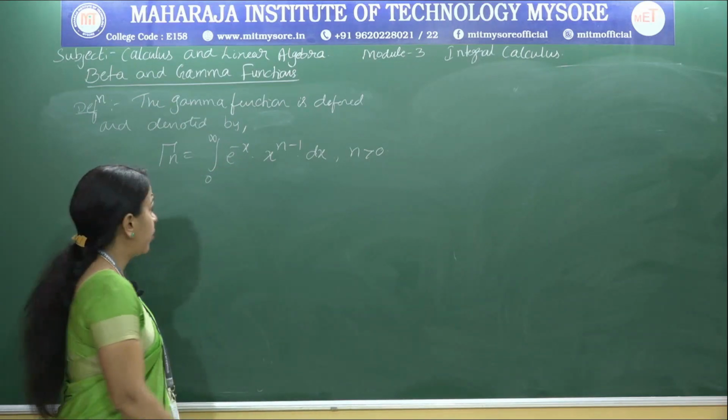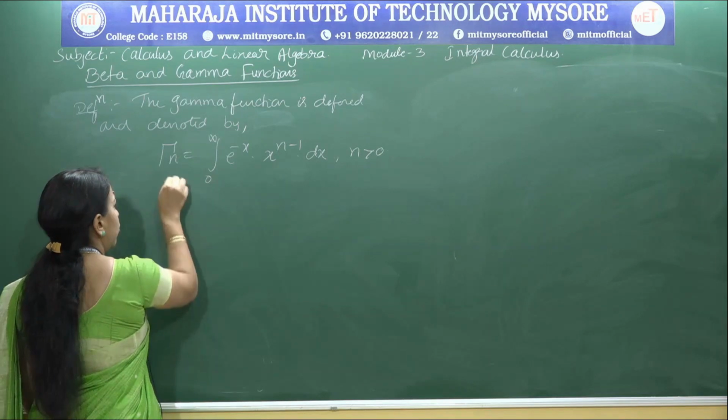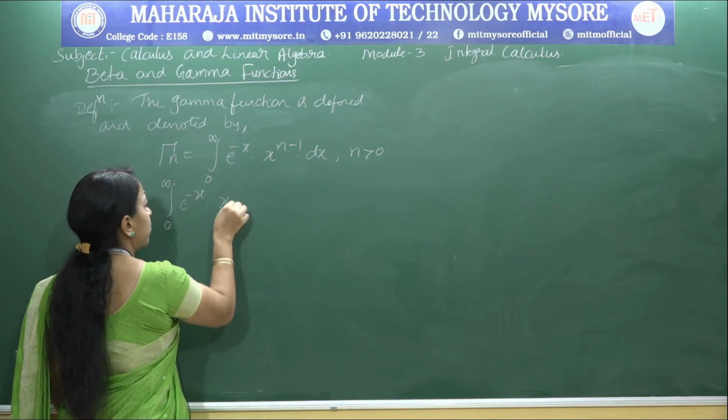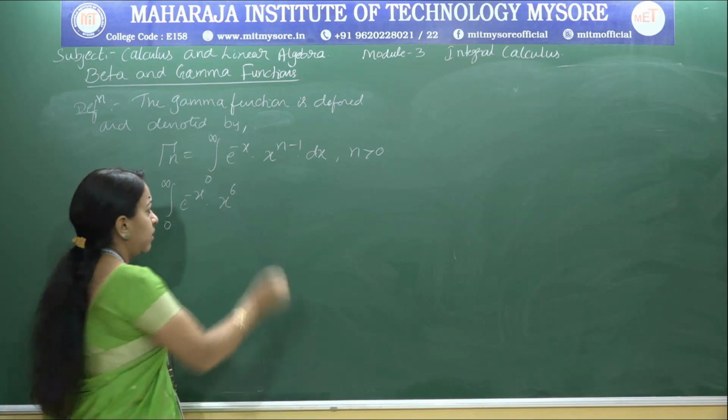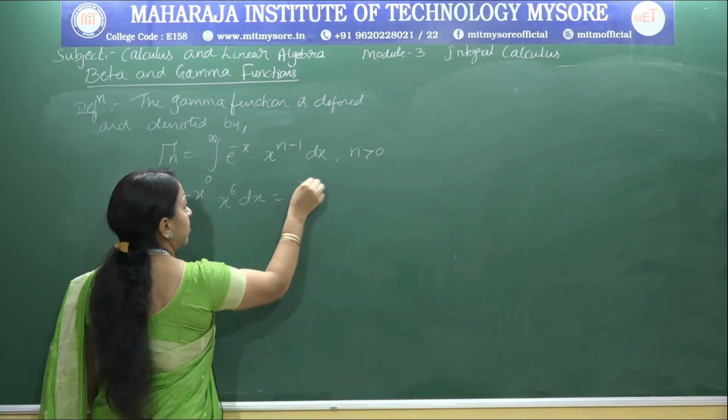So, let me give an example for the gamma function, that is the integral from 0 to infinity of e power minus x into x to the power of 6 dx is nothing but gamma.